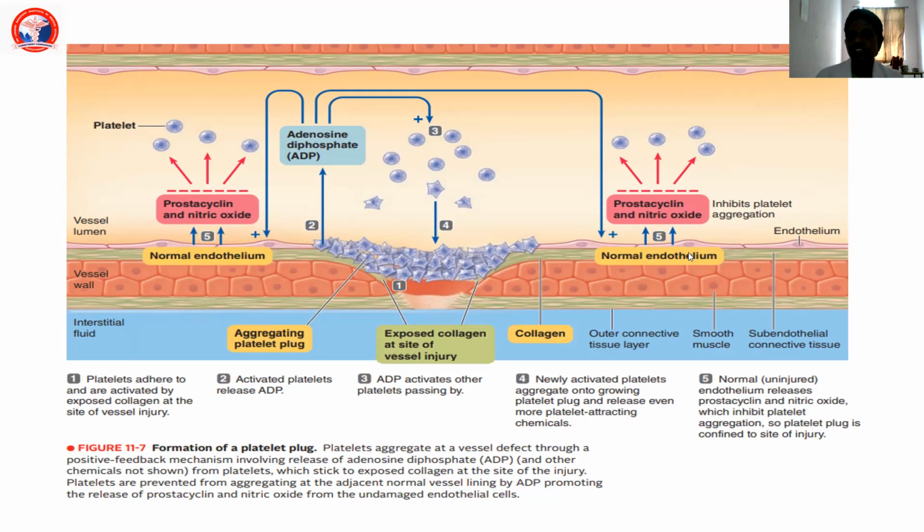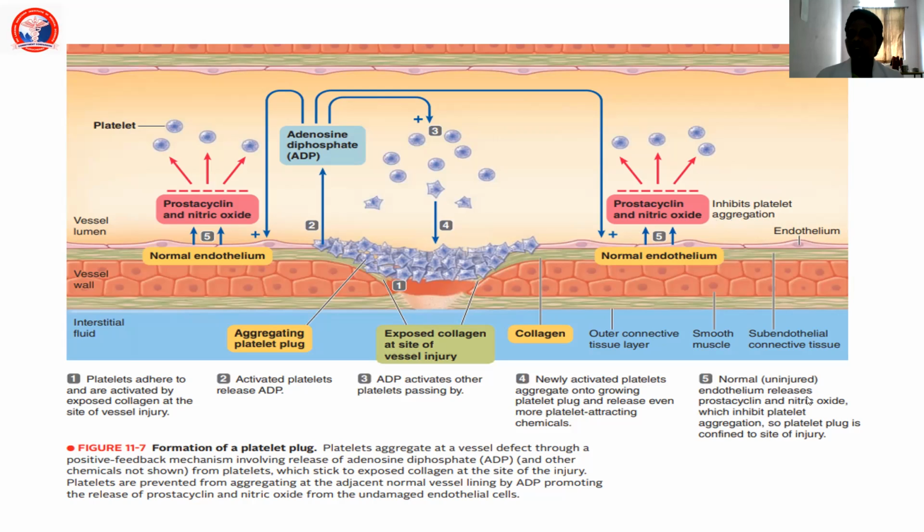So the normal endothelium that covers the inner lining of the blood vessel produces prostacyclin and nitric oxide, which get released into the circulation and inhibit platelet aggregation. That's why the platelet will not adhere to the normal endothelium. This is what is being explained in this fifth point.